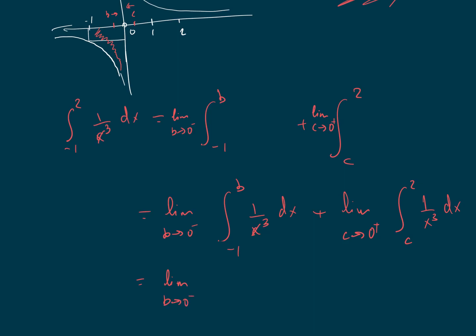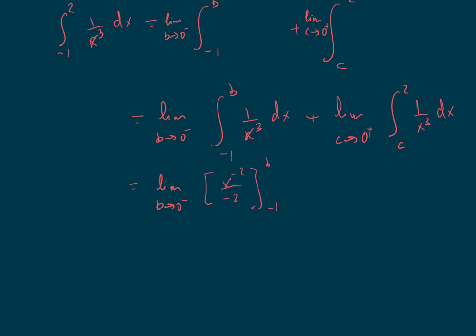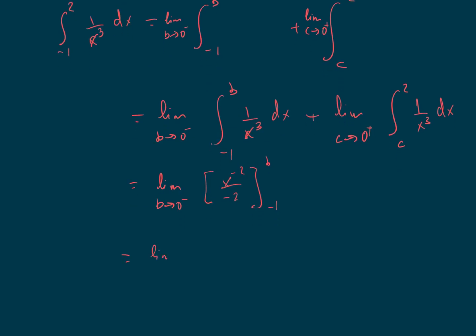The integral of x to the minus 3, the antiderivative of x to the minus 3, is x to the minus 2 divided by minus 2, evaluated between minus 1 and v. And this is the same as minus 1 half x to the minus 2.